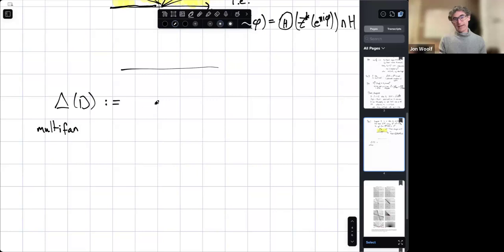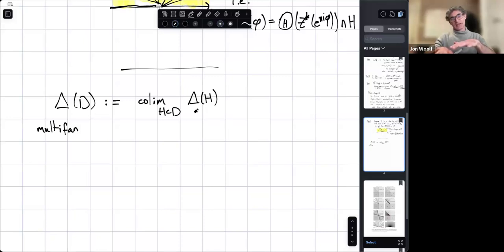So very roughly here, what you want to do is take all the heart fans for all hearts and stick them together. So you're taking a co-limit of these things over all bounded hearts inside D. In order to do this, you don't want to think of these as fans, because fans live in the vector space, and then if I start to glue stuff together, I will get some awful overlap and I won't get anything interesting.